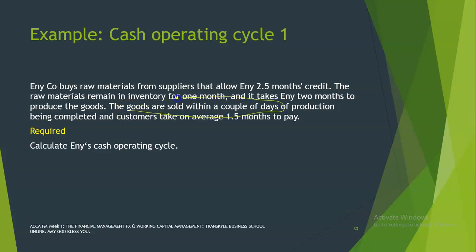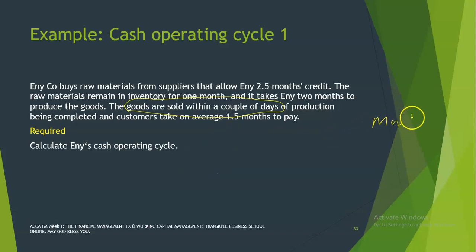We can ignore the time the finished goods are within inventory because it is negligible. The examiner is simply saying they are sold within a day or two of production, so let's consider it negligible.